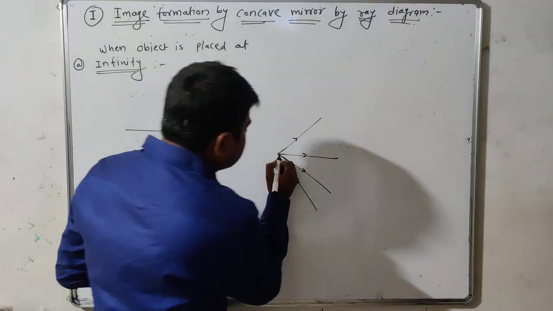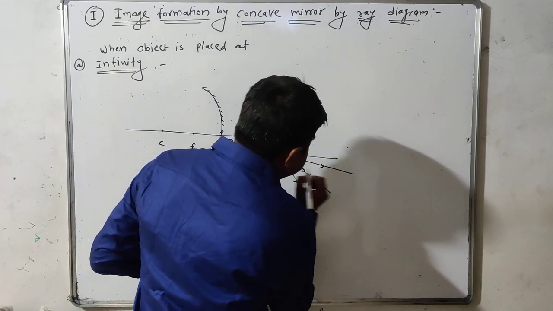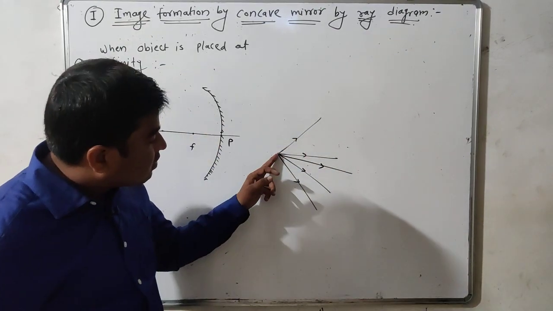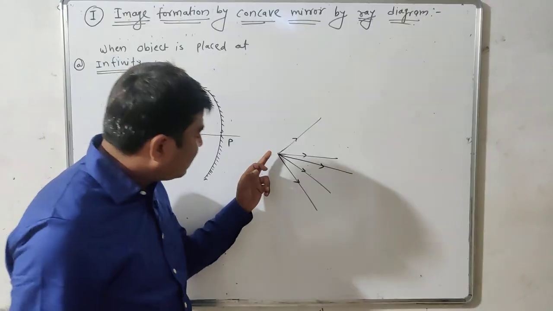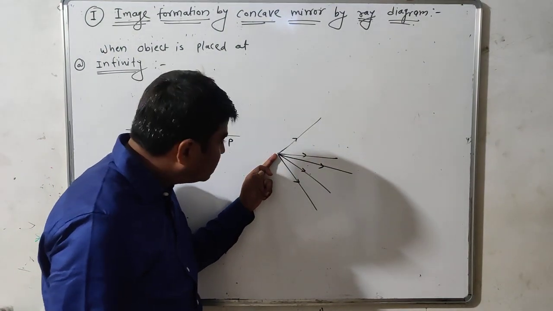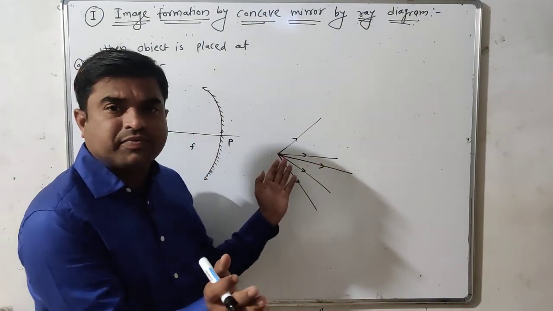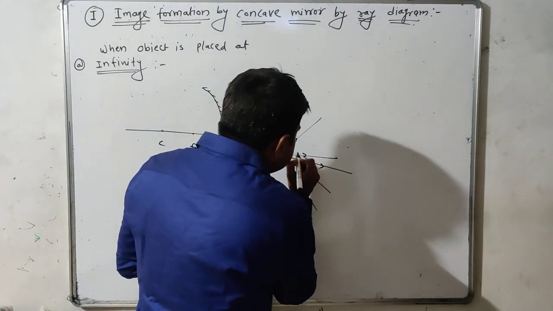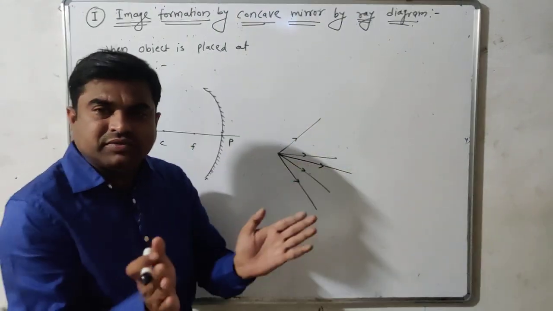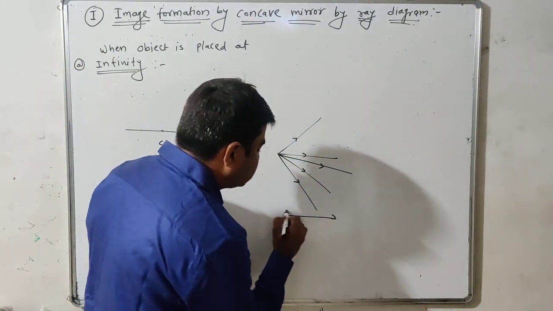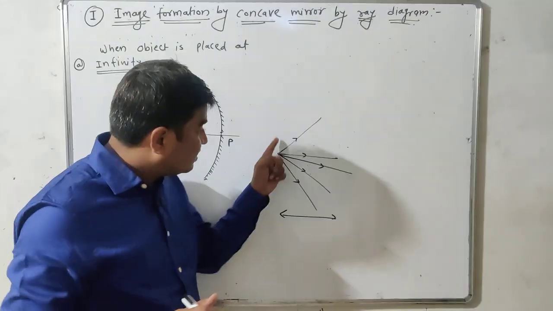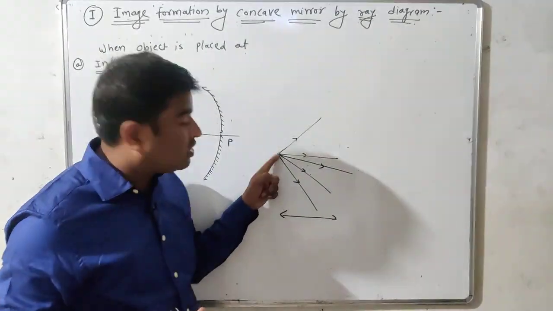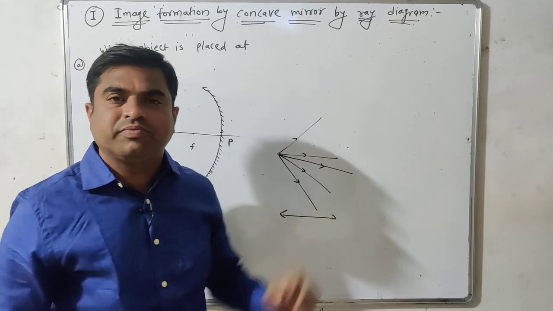So the point is, when rays of light are emitted by this point object in all directions, they are found to be diverging up to a finite distance, a shorter distance. The rays emitted by this point object look like diverging.